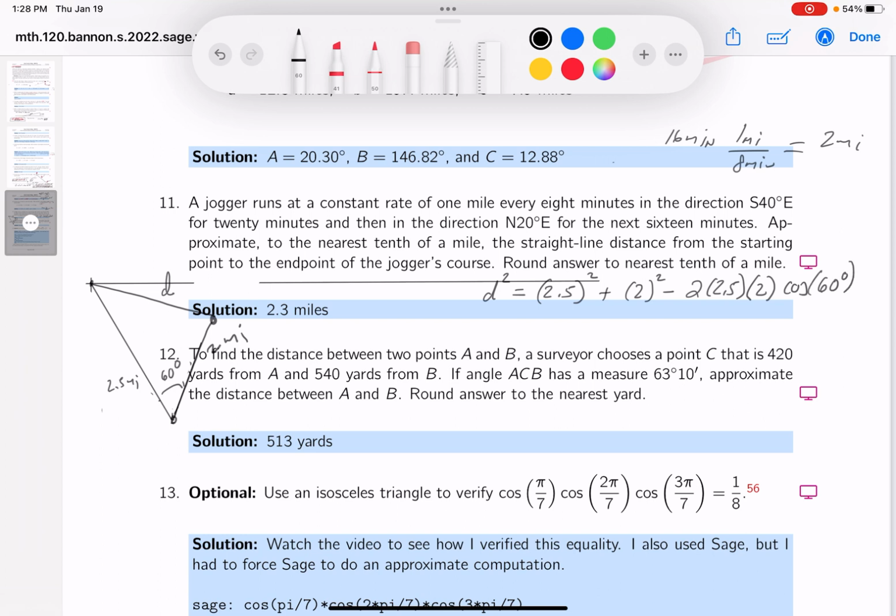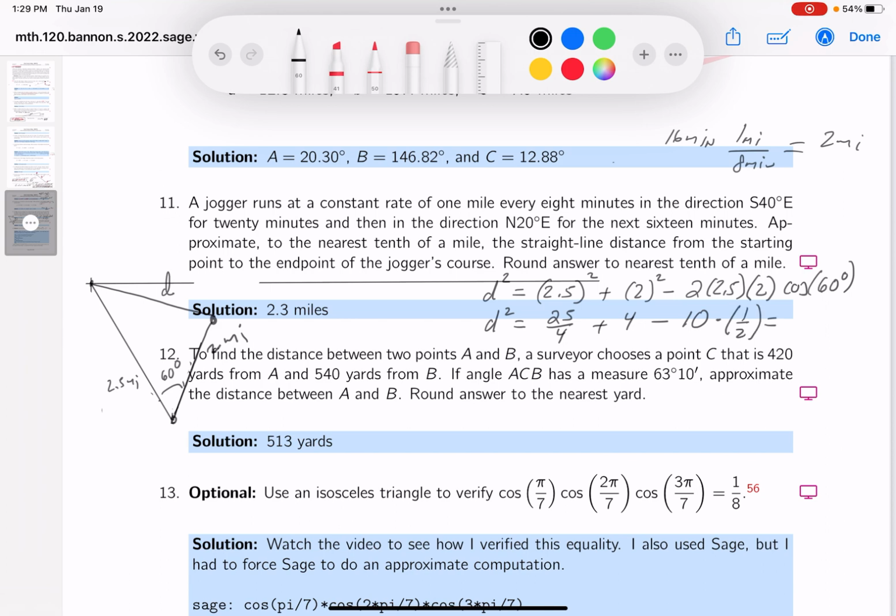Well, 2.5 is actually 5 halves, so that's 25 quarters. 2 squared is 4. 2 times 2.5 is 5, and with another 2 that's 10. And the cosine of 60, that's something I probably should know, it's 1/2.